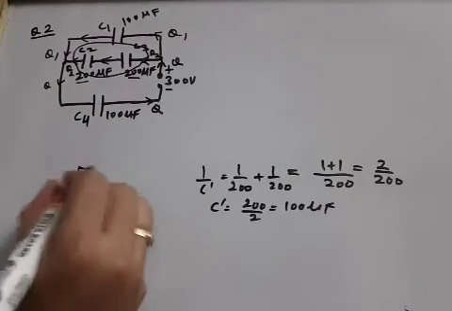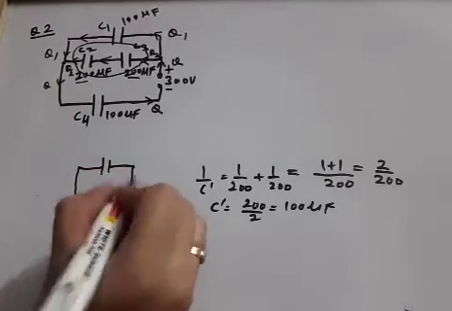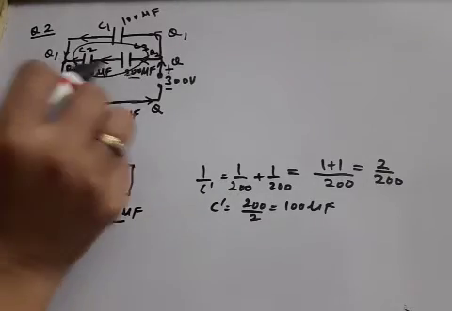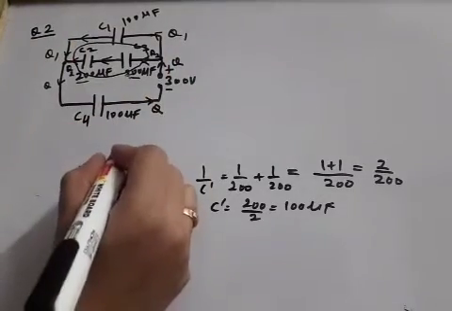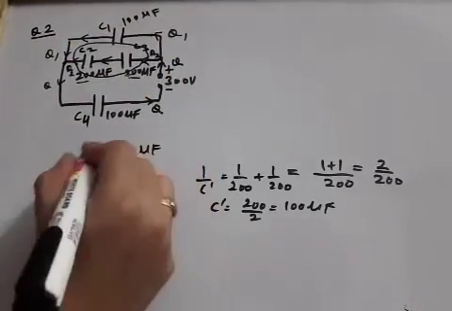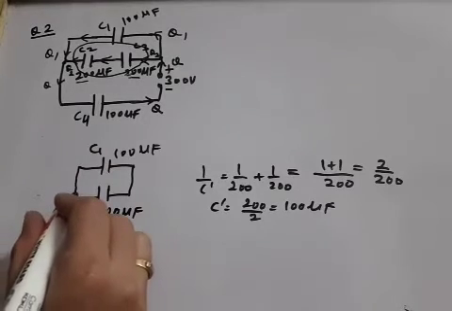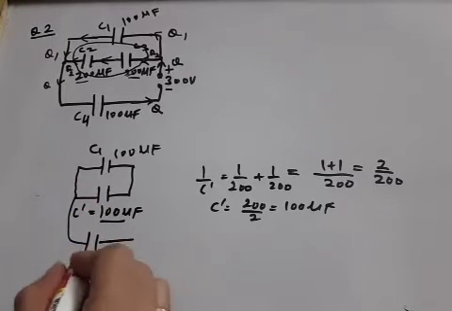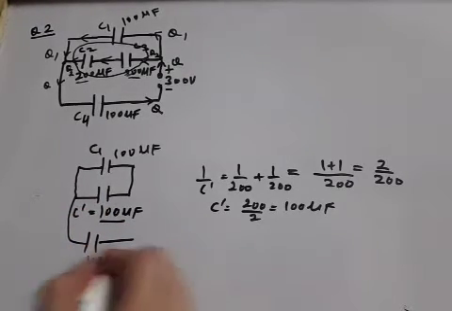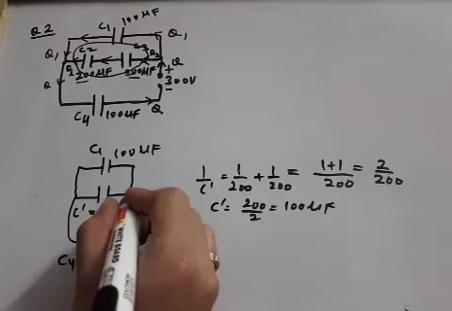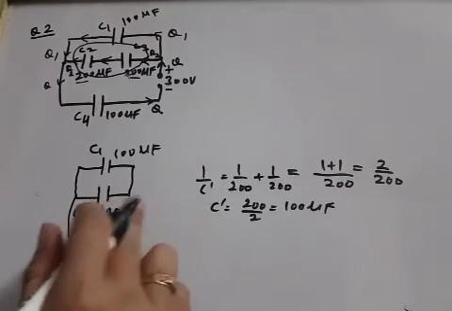Now let us draw the remaining capacitors. So just above this branch we have 100 single capacitor. The name is C1, and in the lower side 100, name is C4, and here we have a battery.